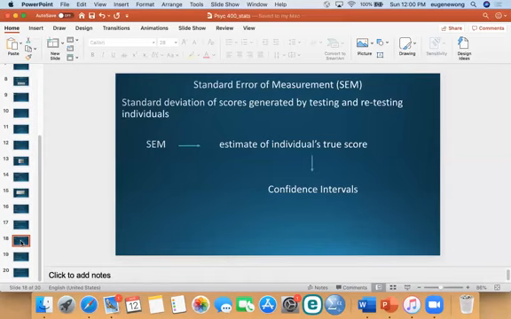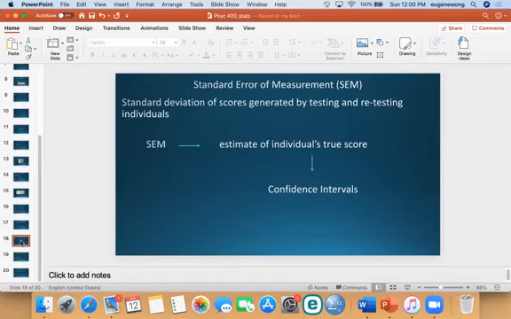On the other hand, if some test has a high standard error of measurement, when we give it the one time in real life, we're probably not getting as good of an indicator of the person's true score.